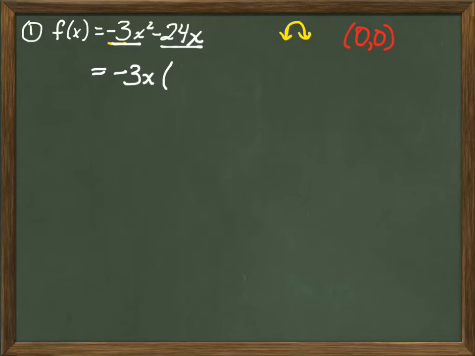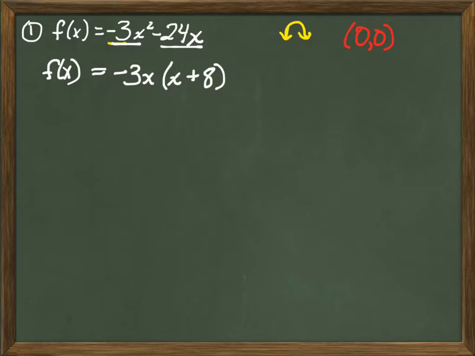So -3 divided by -3 is 1. x squared divided by x is x. -24 divided by -3 is 8. This is negative divided by negative, that's a positive 8. I've already factored out the x, that x is gone. So the function is equal to -3x times the quantity x plus 8.